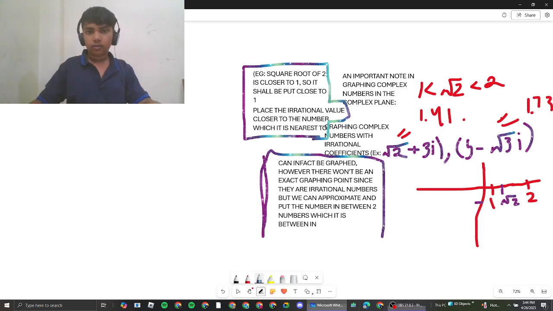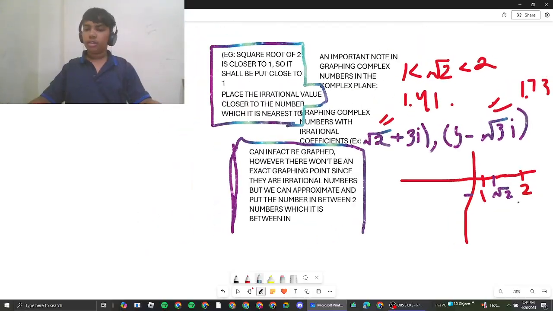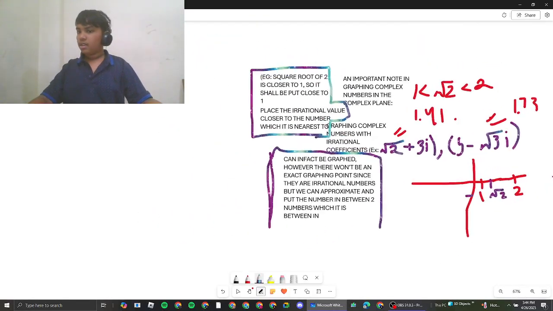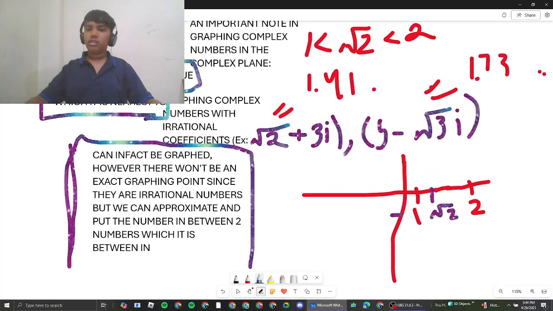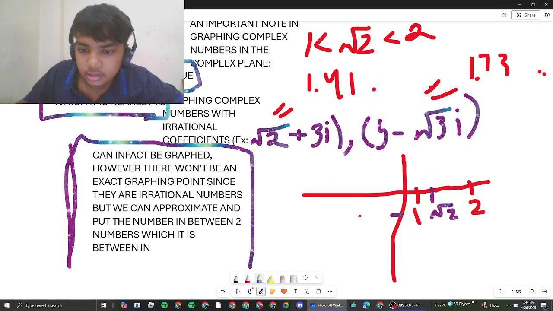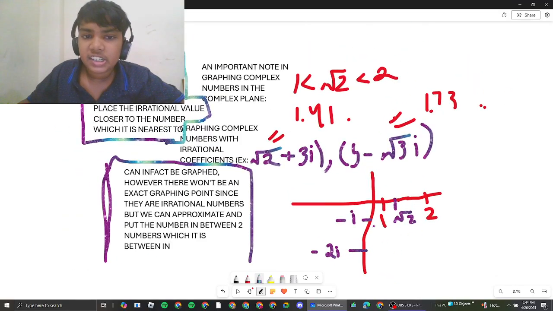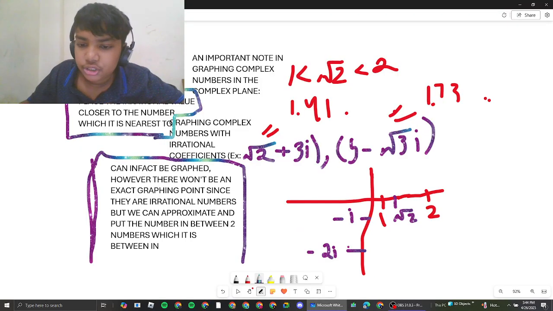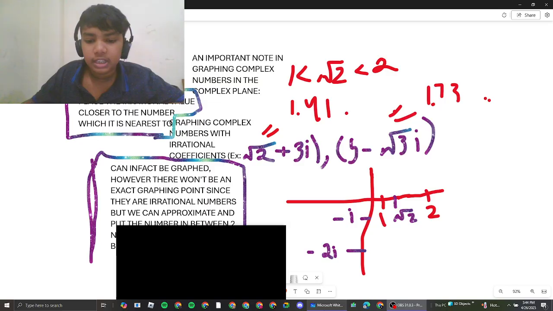So for example, in this graph, you have to put it closer to 2, and the same goes for minus the square root of 3i. Suppose this is negative i, and this is negative 2i. In between, we know that there are infinitely many numbers between any two numbers, but I'm just putting a gap to show you. Don't put a gap in between; just leave a small gap if you're writing this in an exam.